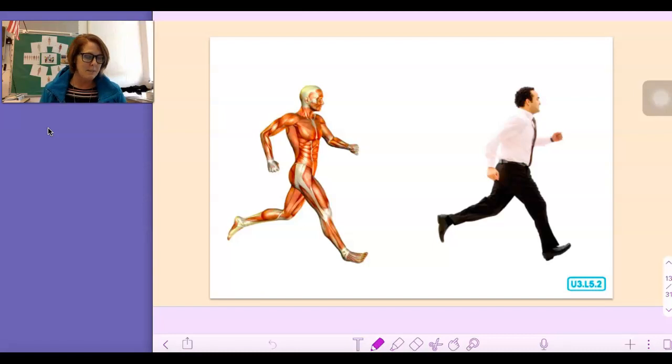Muscles receive these messages, telling them when to contract or tighten, how to contract, and for how long. When the muscles contract, they squeeze together, shortening and causing movement. Muscles are at work in your body all the time, even while you are sleeping. You have more than 650 muscles in your body, making up between 1/3 and 1/2 of your body weight.